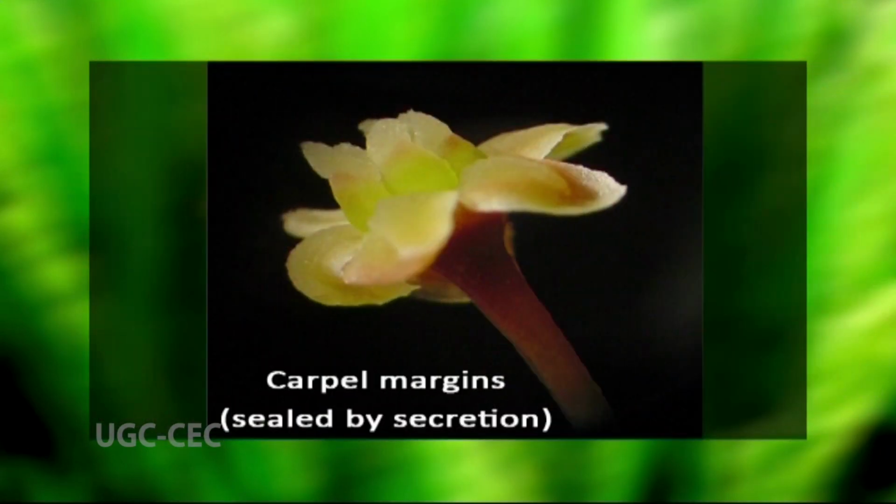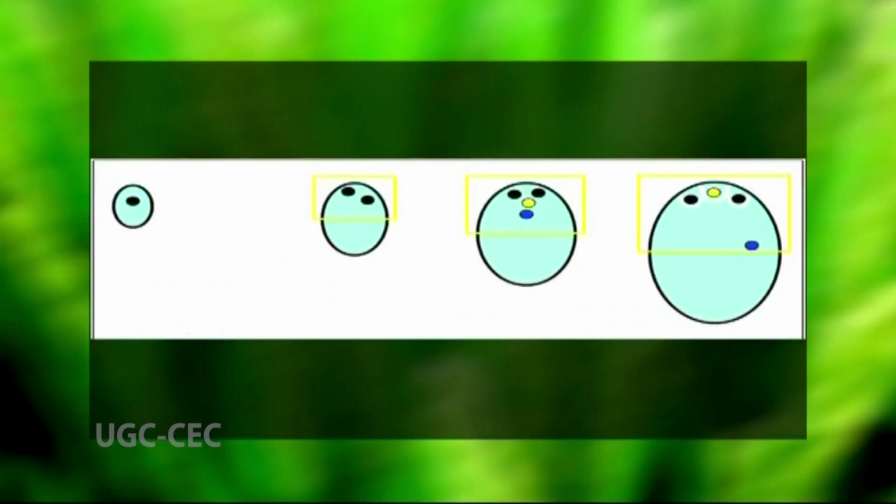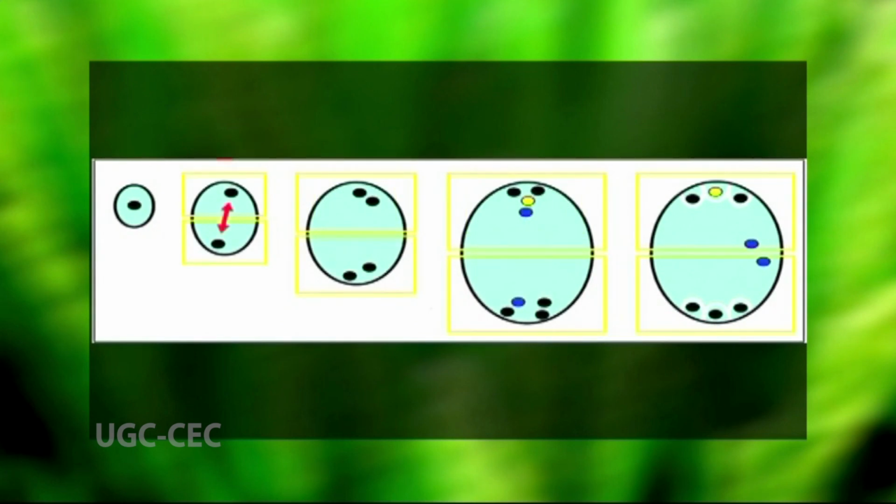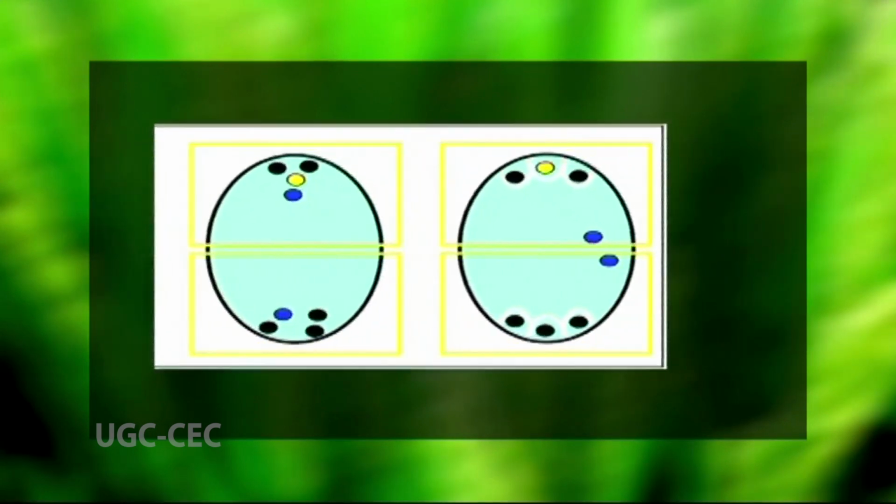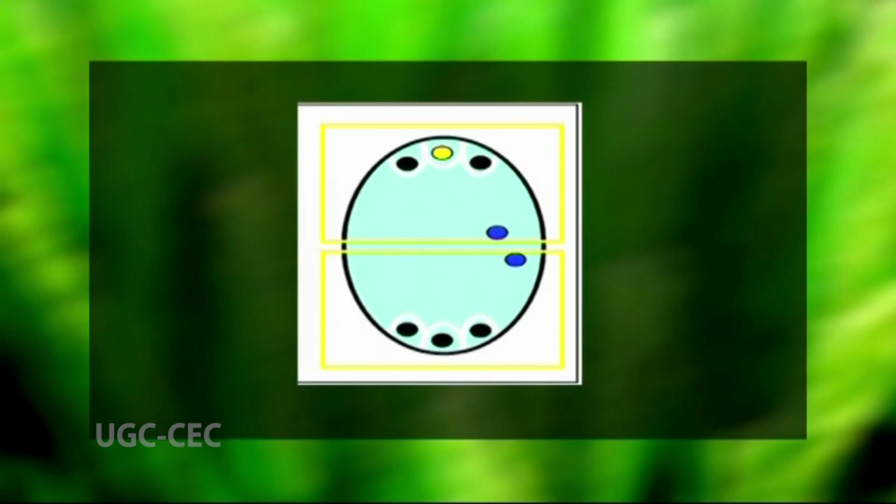This group may be characterized by carpel margins usually sealed by a secretion, whereas in the majority of angiosperms the carpels are closed by postgenital fusion of epidermal layers. Members of the ANITA grade have a 4-nucleate female gametophyte and, interestingly, diploid endosperm, whereas most angiosperms have an 8-nucleate female gametophyte and a triploid endosperm.